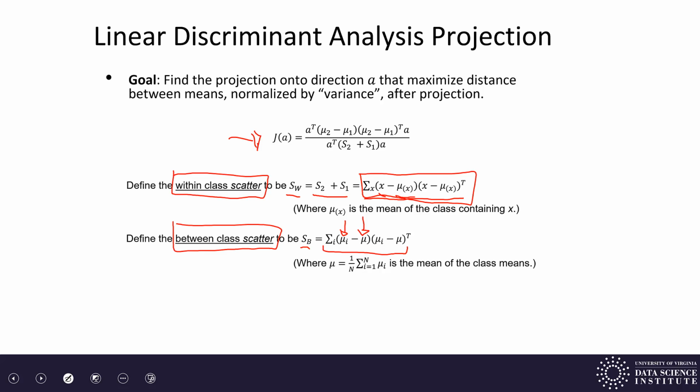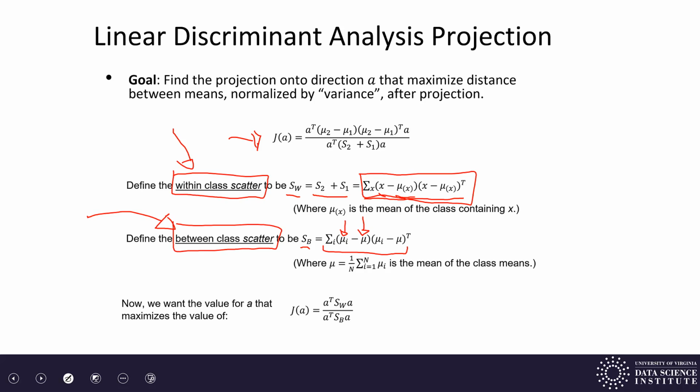Okay, so what we really want to do is minimize within class scatter and maximize between class scatter. If you understand that, even if you didn't follow all the details of every formula, that's a good understanding of what linear discriminant analysis projection does.